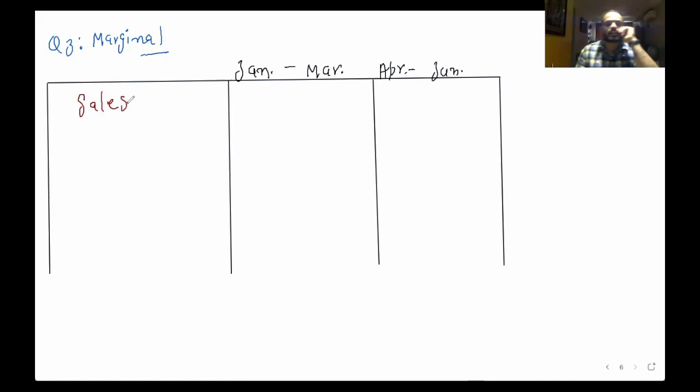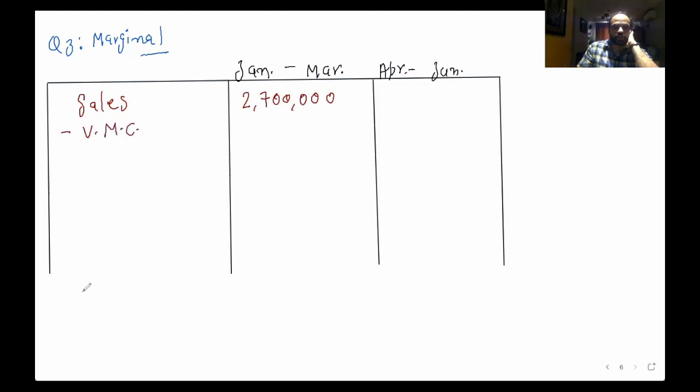How much is the sales for the first quarter, January to March? It will be the same as absorption costing. So how much is the sales? 2,700,000. Now minus variable manufacturing cost.